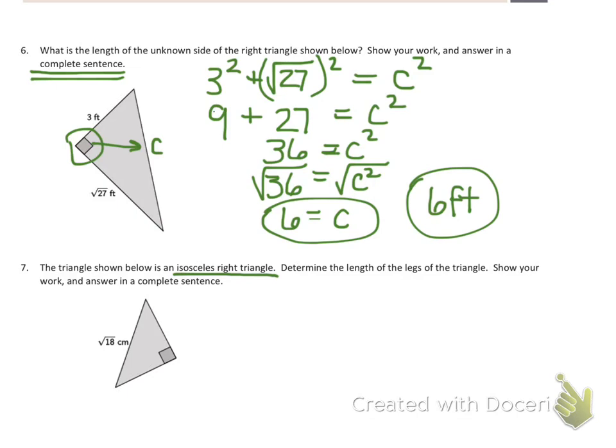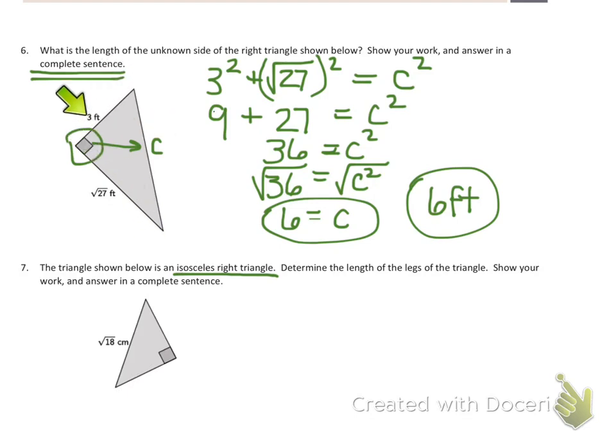The triangle shown below, let's look at number 7. The triangle shown below is an isosceles right triangle. Determine the length of the legs of the triangle. Show your work and answer in a complete sentence. So when we've done these problems before, we're usually only missing one length so that we can solve for it. We can be missing a leg or the hypotenuse.